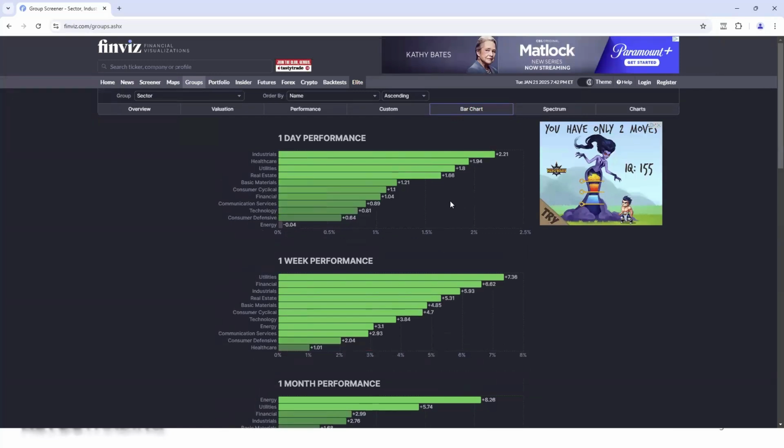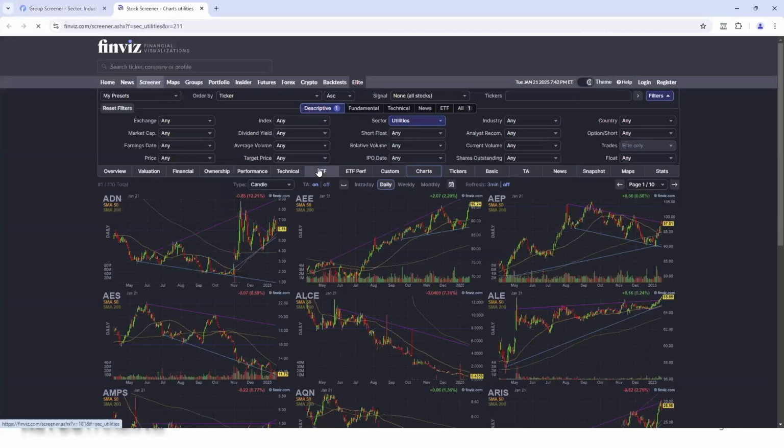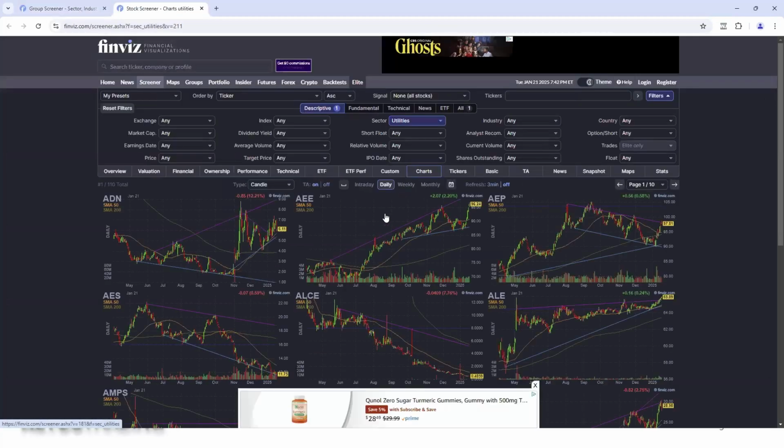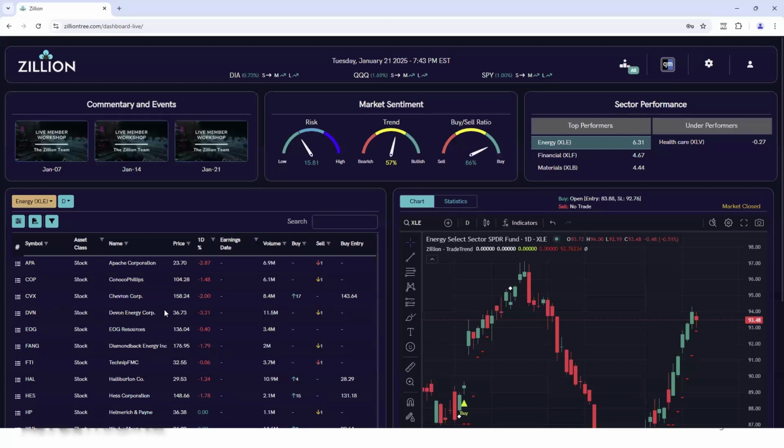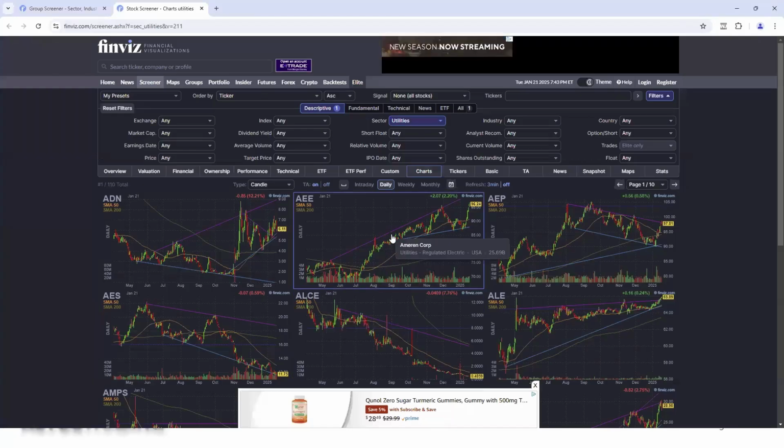That's where I will then start digging into individual names and opportunities. And here you can click on the sectors. There's a built-in screener as well here. So again, I know a lot of you are Zillion users, and I think our dashboard does a much better job. Not to mention, you get the forecasted buy and sell signals and trailing stop levels.